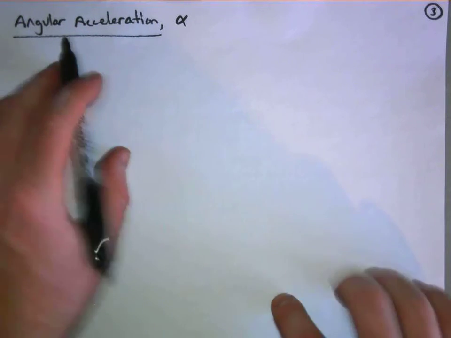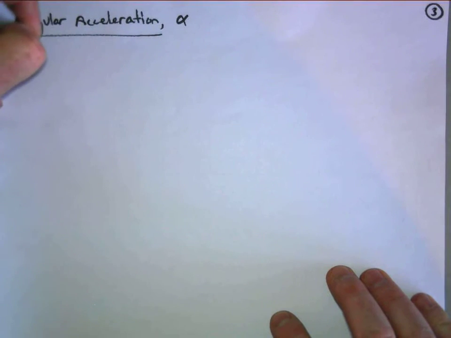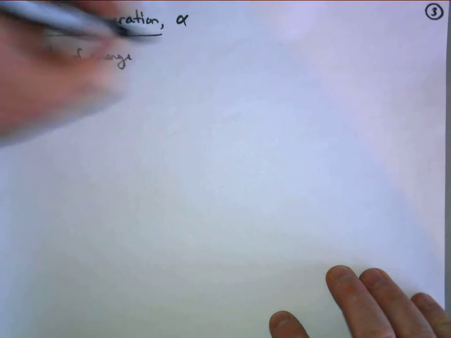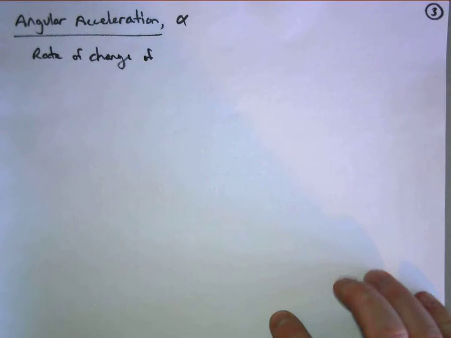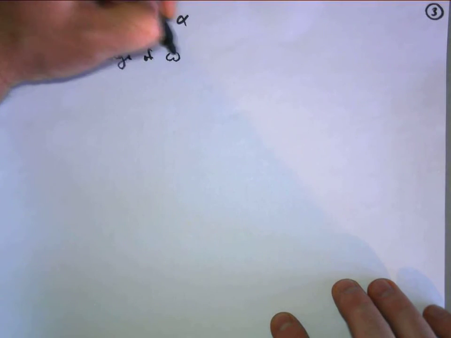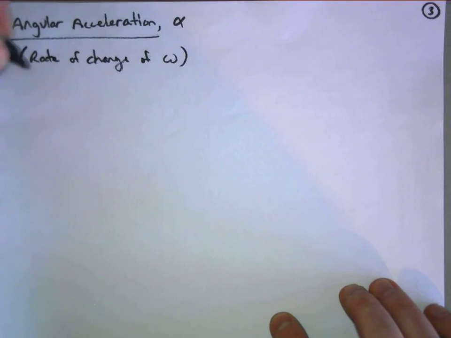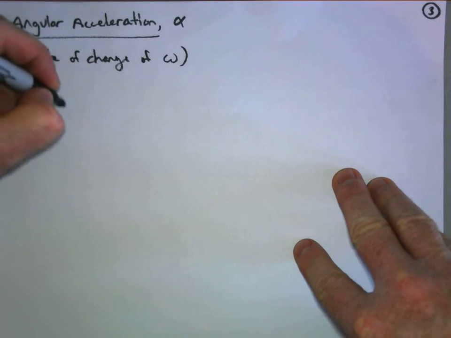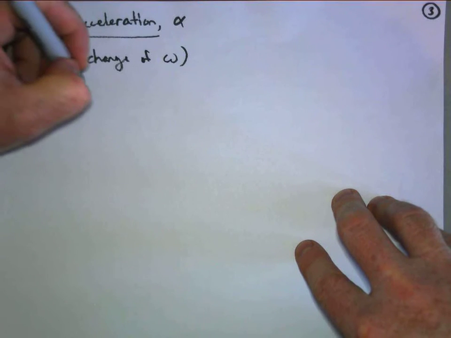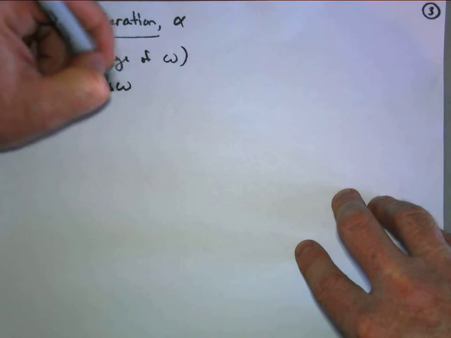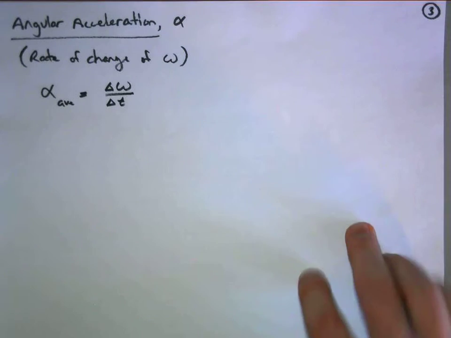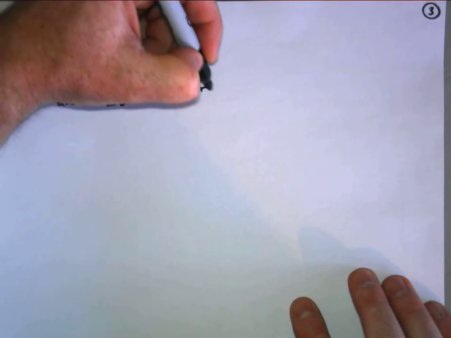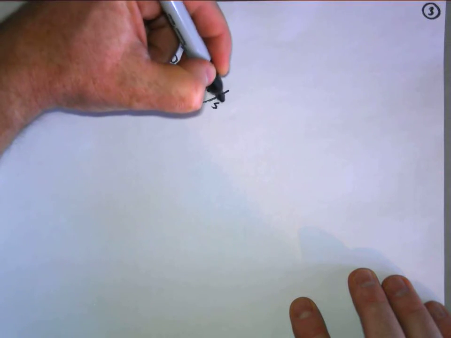Since it's an acceleration, it is the rate of change of angular velocity, of omega. So the average angular acceleration is equal to the rate of change of angular velocity. The units here are simply radians per second squared.